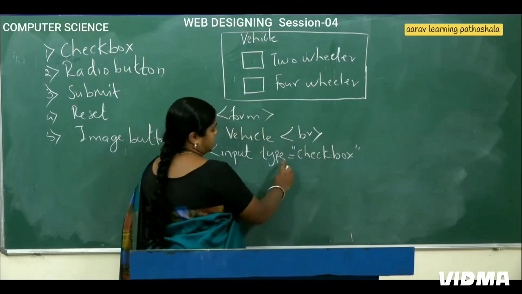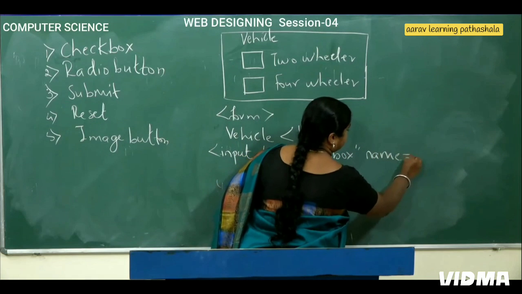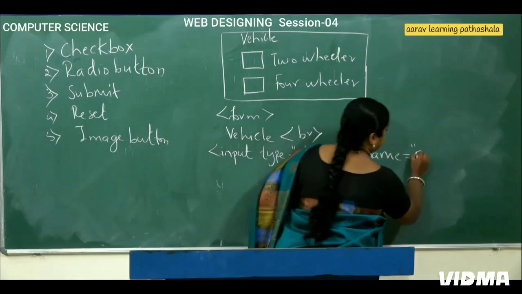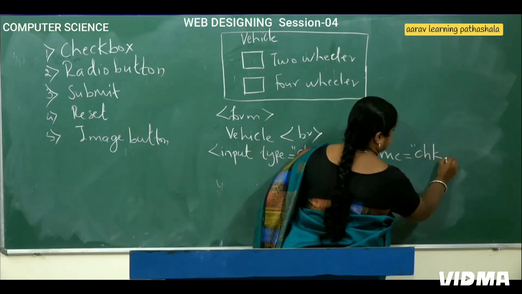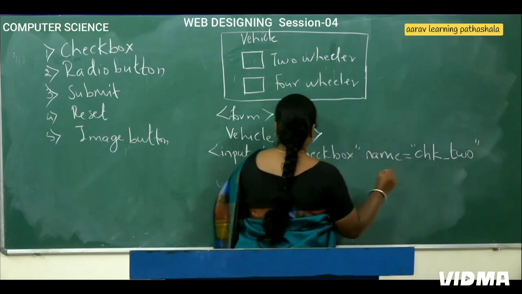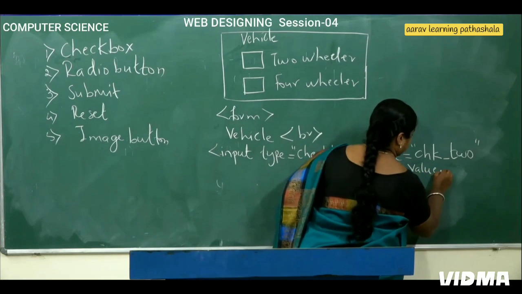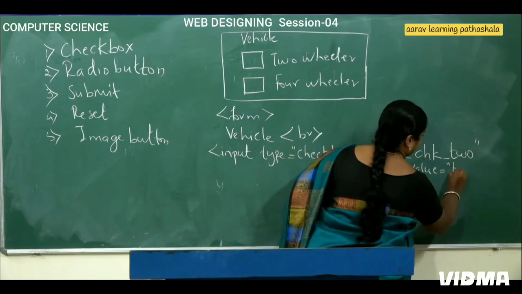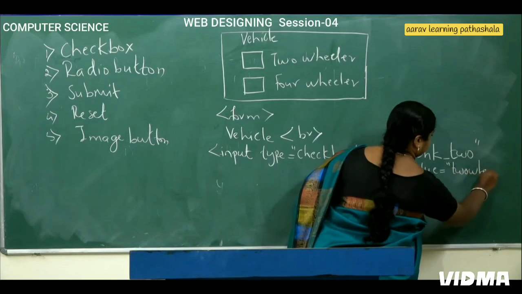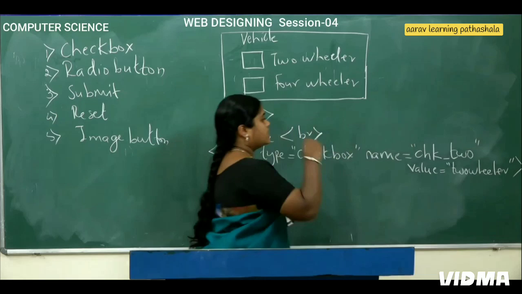Then give the name to that particular control. Name is equal to, suppose I say chk underscore 2, and then finally value is equal to, inside double quote, two-wheeler, double quote complete, tag complete.